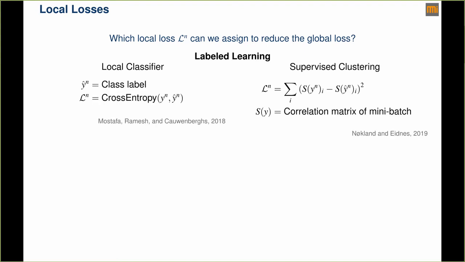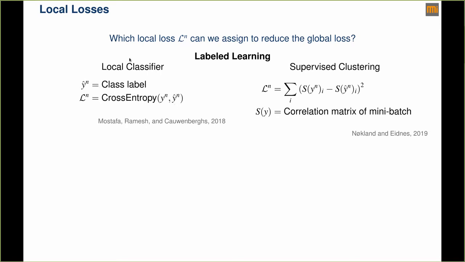In our earlier work, we tried these ideas of local classifiers. This falls into the category of labeled learning. If you have a standard labeled data set, then you can use this. Every local loss function here is just a random classifier. It classifies through a random projection, but it classifies the same labels as in the data.